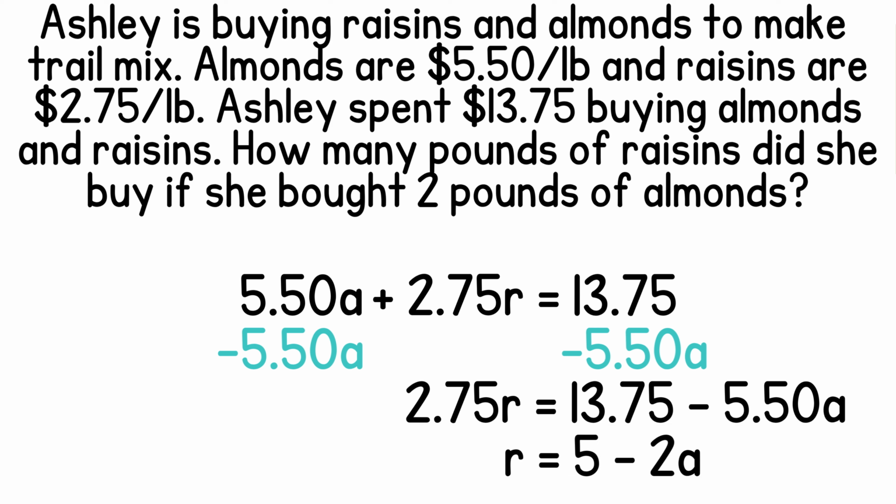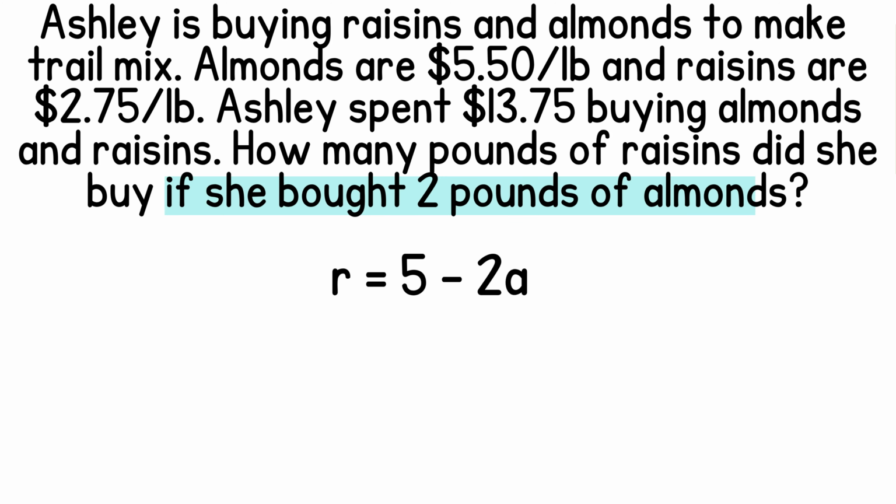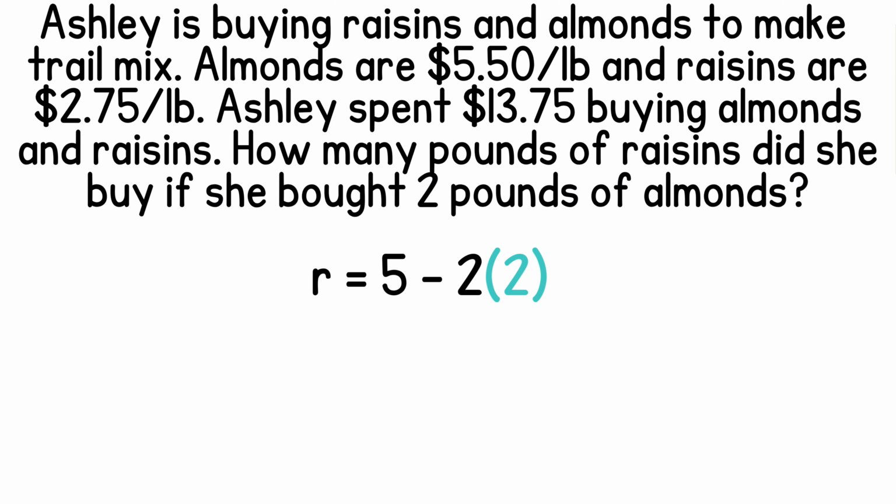This gives us a final equation of R equals 5 minus 2A. Since the question wants to know how many pounds of raisins she bought if she bought 2 pounds of almonds, we can replace A with 2. 2 times 2 gives us 4, and 5 minus 4 gives us 1. So when she bought 2 pounds of almonds, she bought 1 pound of raisins.